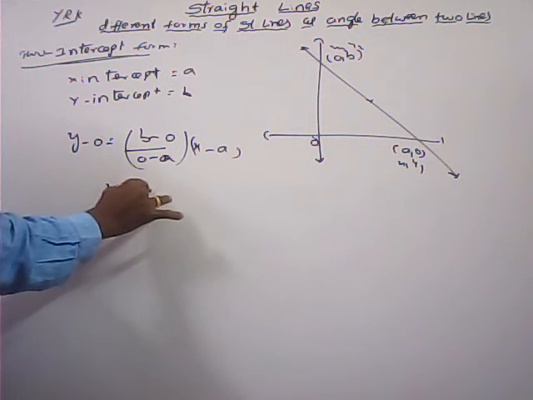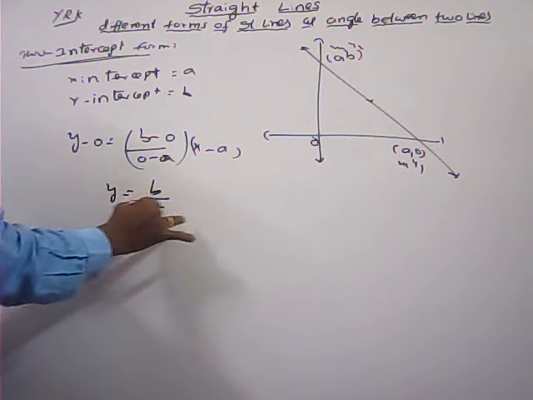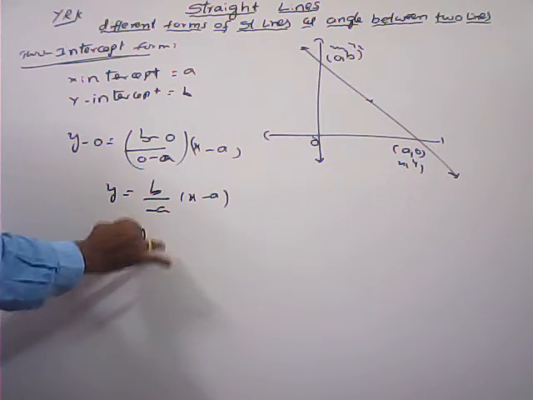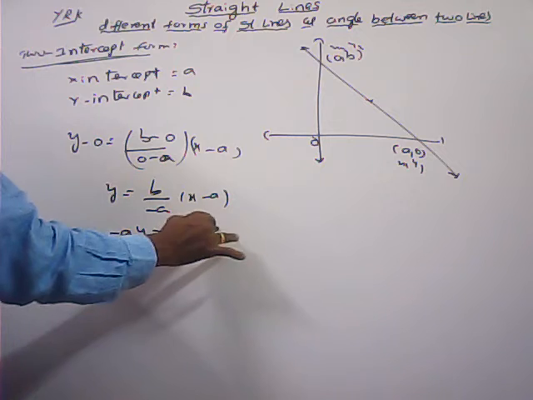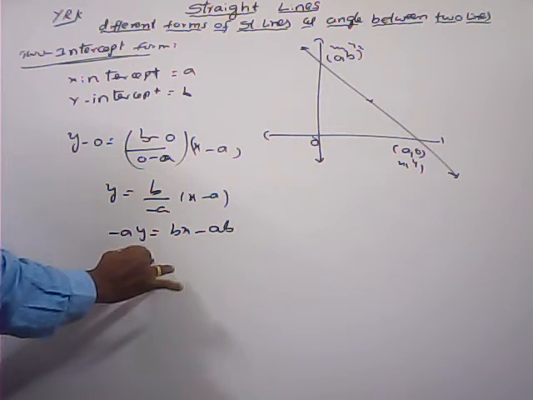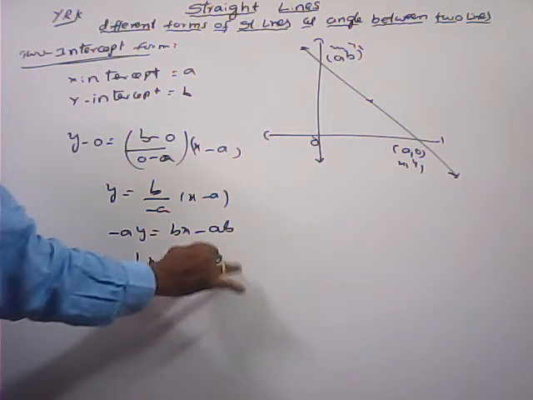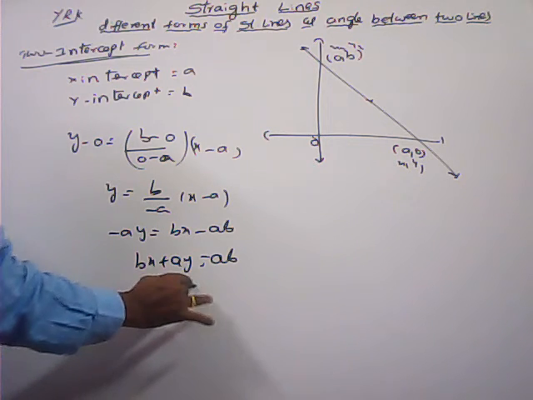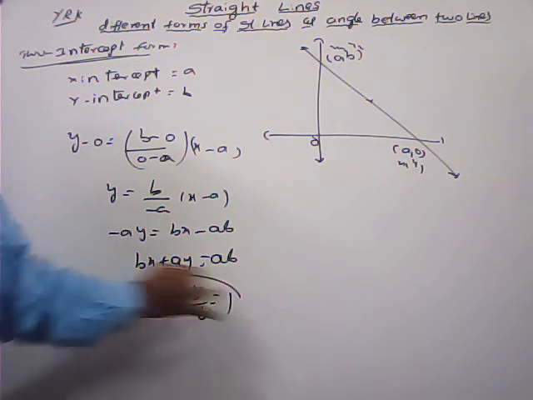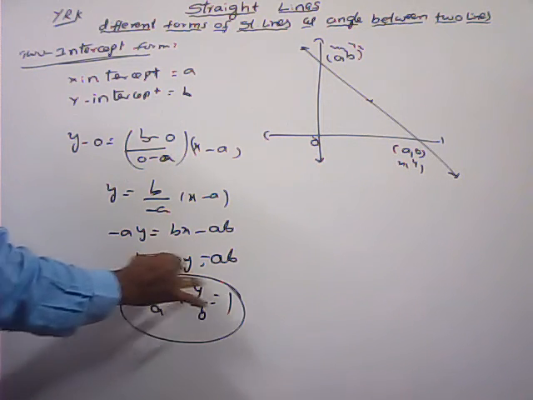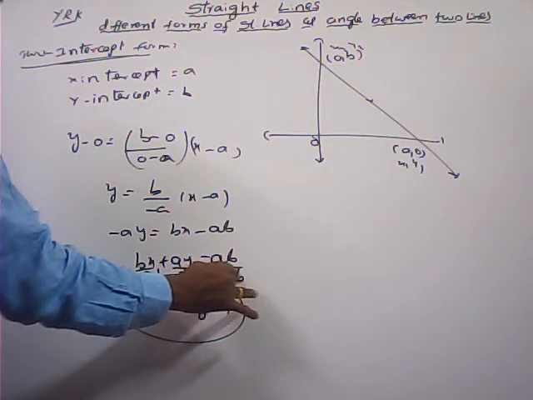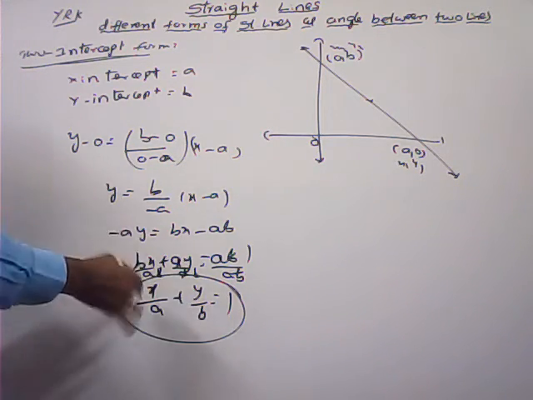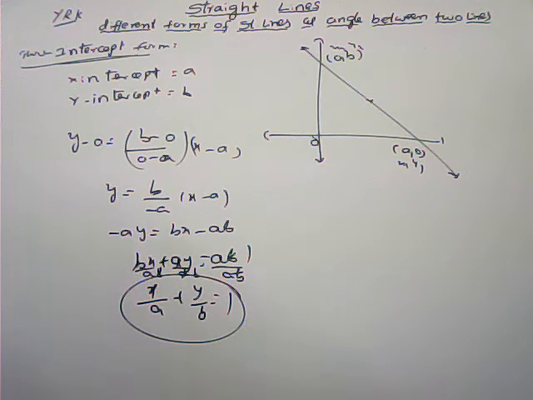Now y is equal to b by minus a into (x minus a). So minus ay equals bx minus ab, or bx plus ay equals ab. Dividing by ab on both sides, b cancels, a cancels, and x by a plus y by b equals 1.